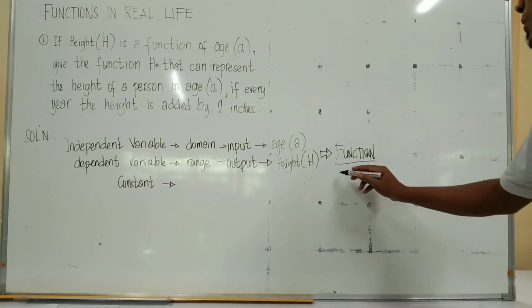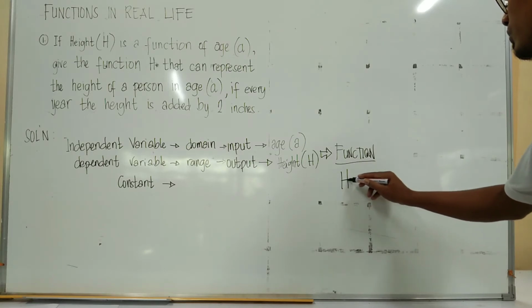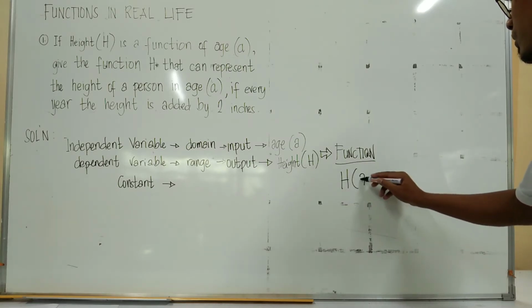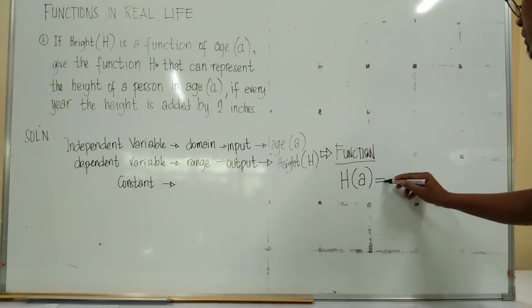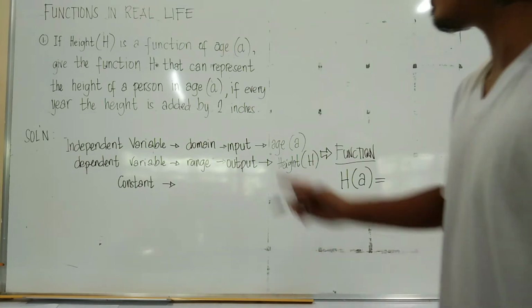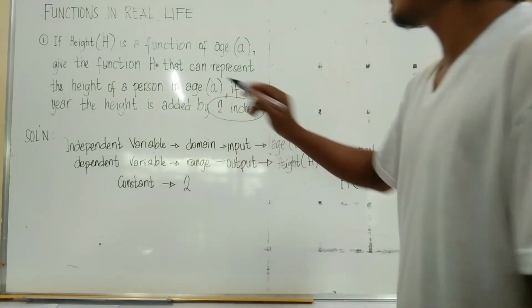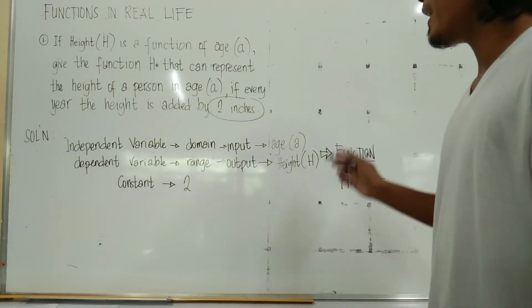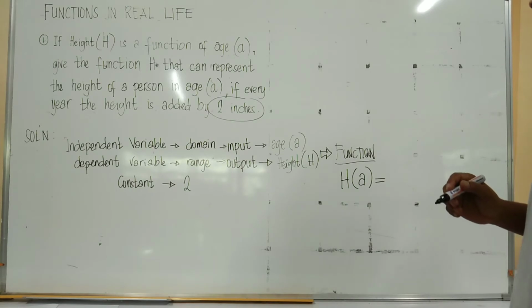So the resulting function can be h of a equals, so we will need our constant. The constant is 2 here. Every year the height is added by 2 inches, so that will be our constant.